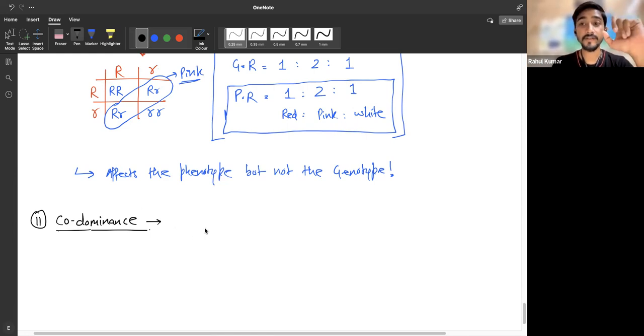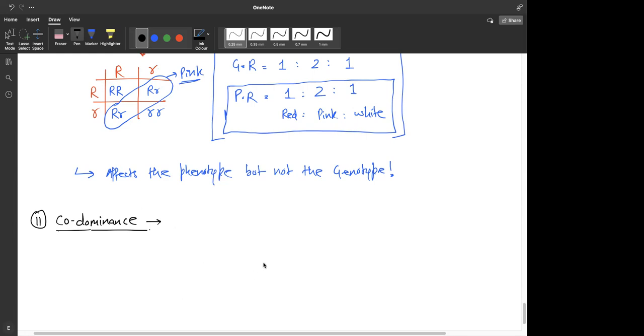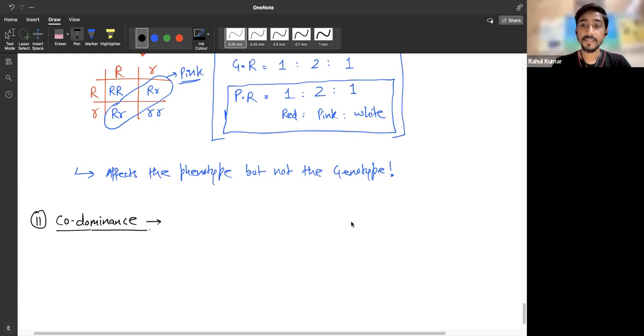To give rise to not a mixed trait, but different traits in the same organism.